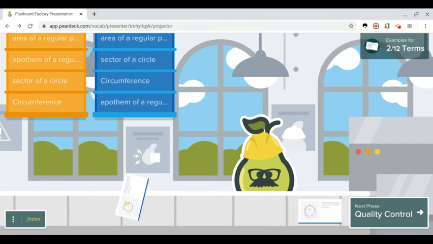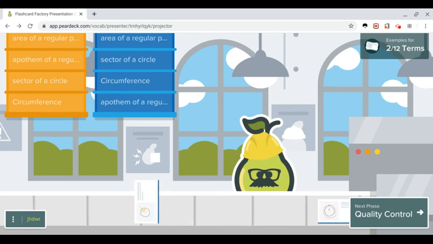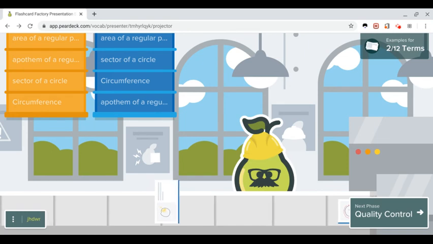The next one that I'm uploading says draw an example of the apothem of a regular polygon, and the apothem is the height to the base of an isosceles triangle. So then you would go ahead and draw that.